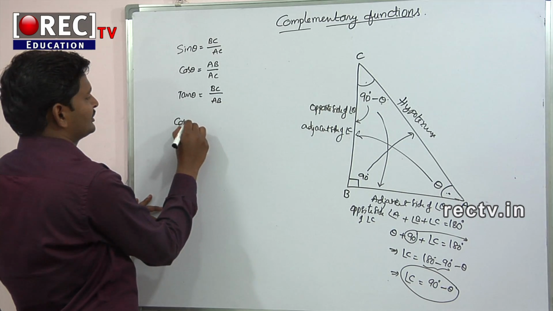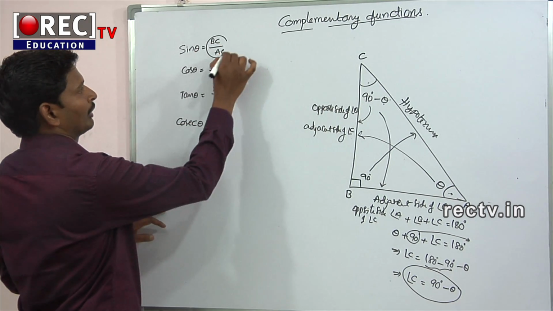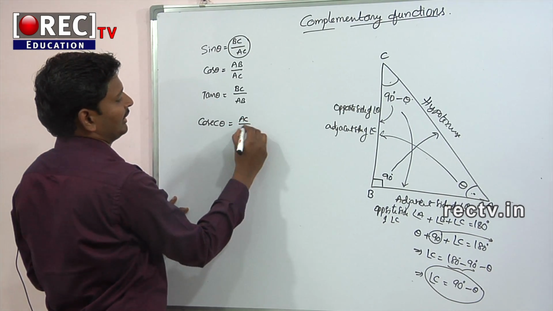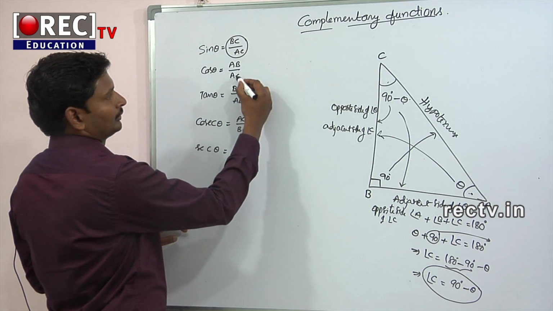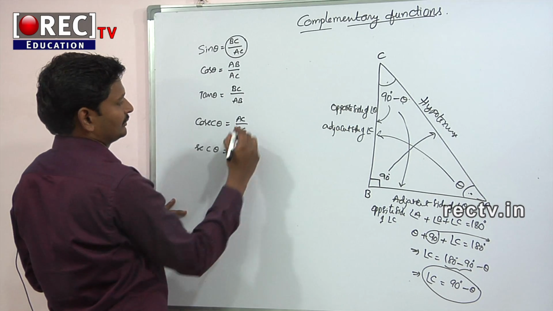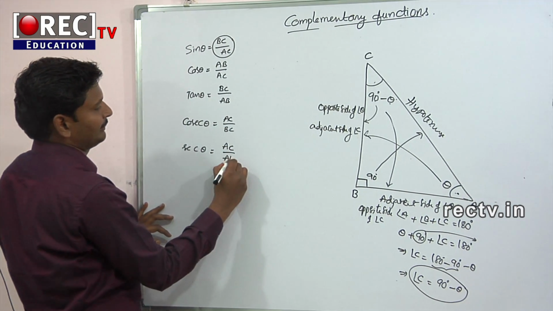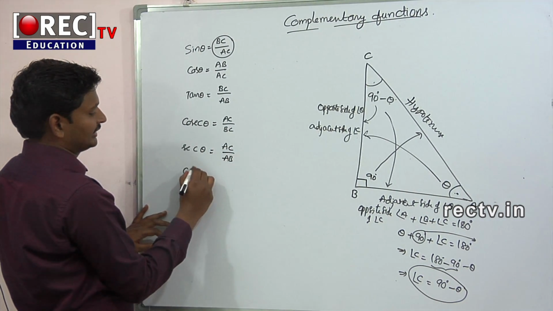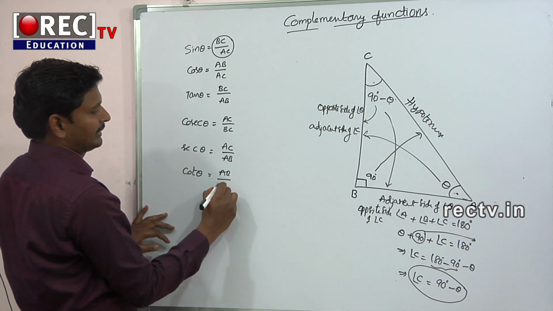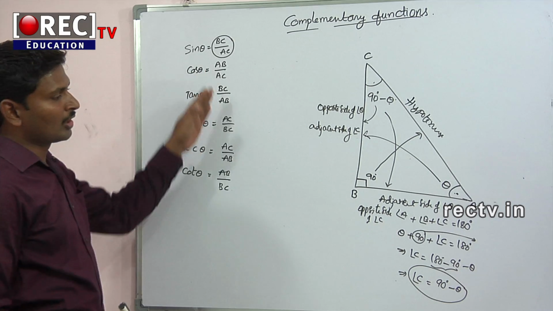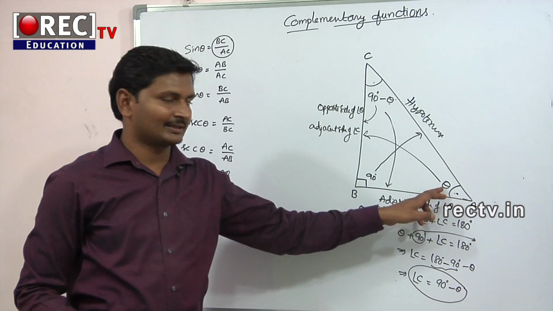Next, cosecant theta is the reciprocal of sin theta, that means AC divided by BC. Secant theta is the reciprocal of cos theta, so that is AC divided by AB. And cot theta is the reciprocal of tan theta, that is AB divided by BC. Now we have all the trigonometric ratios at theta.